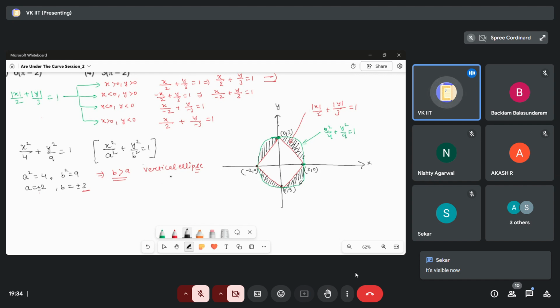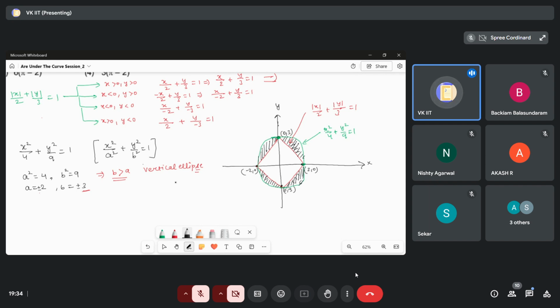The black color shaded portion is the required region of ours. If I'm able to find out one single area, we can simply multiply that with 4. That will be the answer. But how to find out that single area?